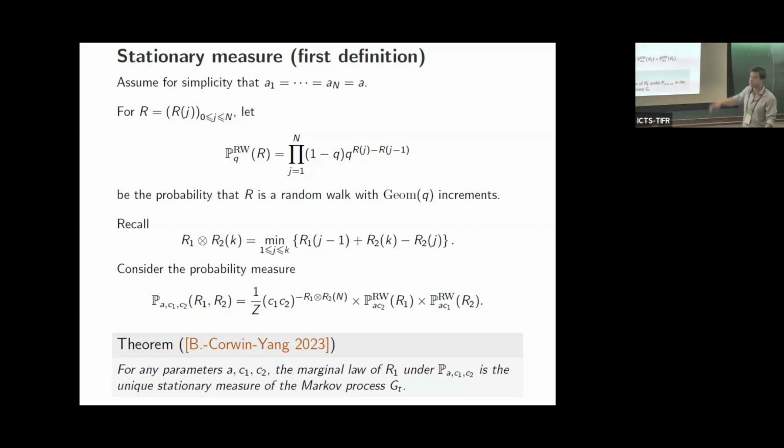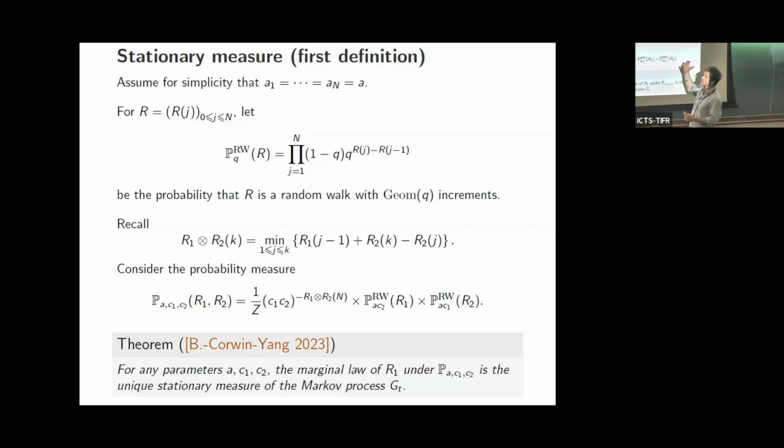It's the same as before. And now I consider a distribution on two random walks, R1 and R2. So I start with the probability of a random walk R1 with jumps that are geometric with parameter AC2, a random walk R2 with parameter AC1. And of course, the answer cannot be too simple. Typically, stationary measures of models between two boundaries have non-trivial correlations, and the answer must be a bit complicated, so it cannot just be a simple random walk.